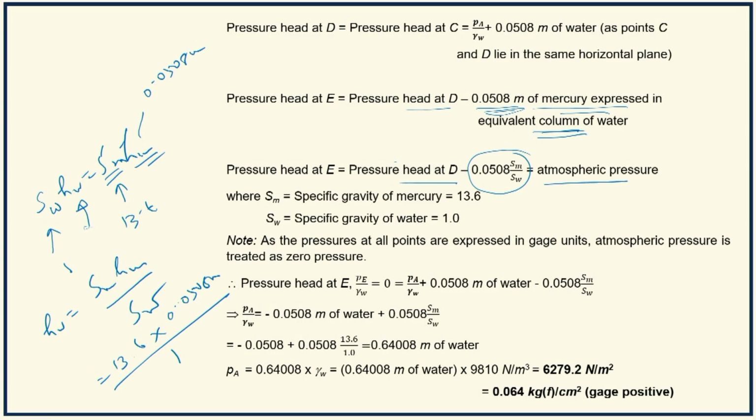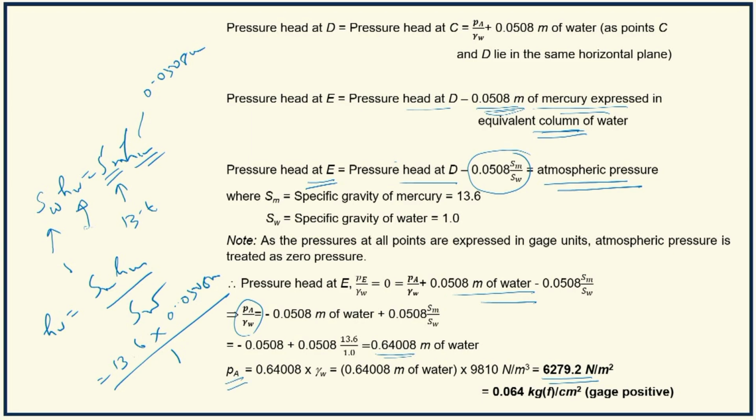That is equal to atmospheric pressure, because E is exposed to atmosphere, there is a free surface of mercury. You can go through the expansion of this equation, and ultimately we get PA as 0.64008 meter of water.